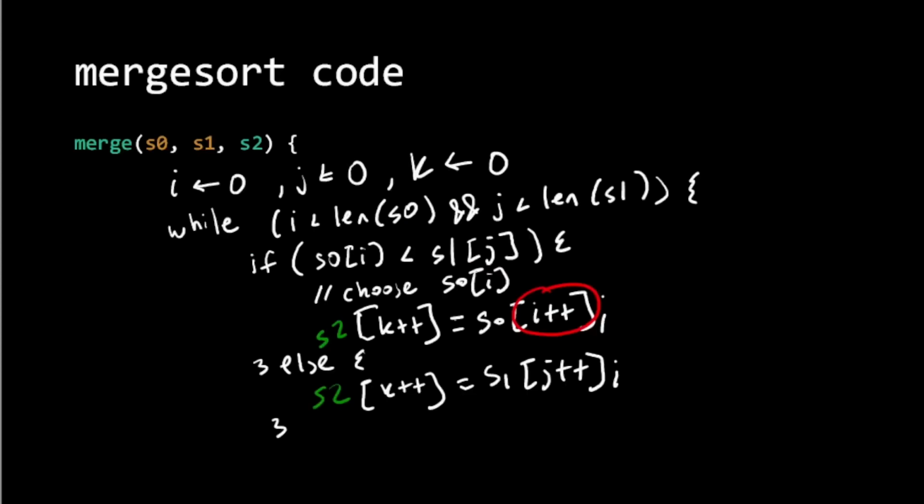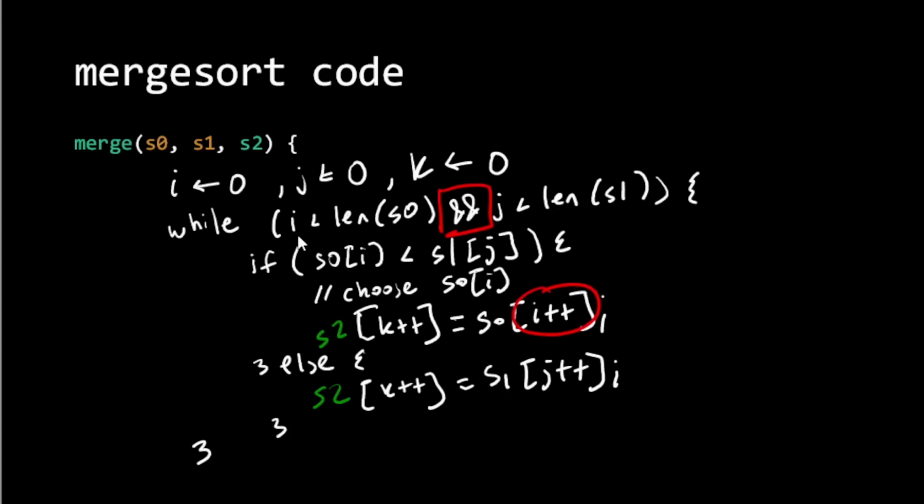Okay, so I'm now realizing the zoom out feature does not work with my black background. But essentially, once this loop completes, we know we have exhausted one of the inputs, right? So here's this key and, right? i is less than the length of S0 and j is less than the length of S1.